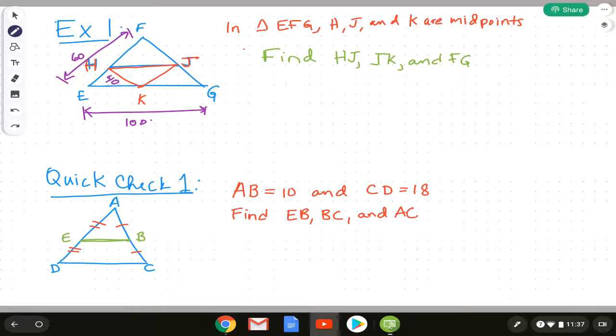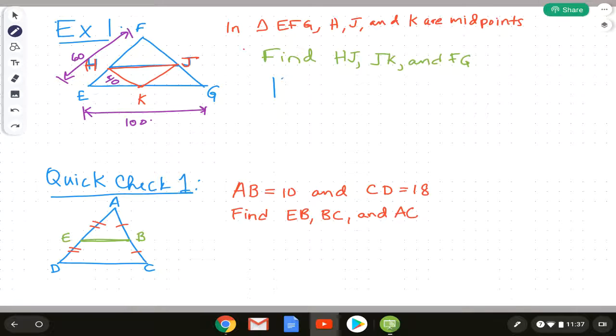So our triangle midsegment theorem says that if there's a midsegment in a triangle, it's parallel to the side that it's across from, and it's half the length of the side that it's across from. So for HJ, I would be looking at the side that it's across from, which I know the length of, that's 100, and I know that it has to be half of that.